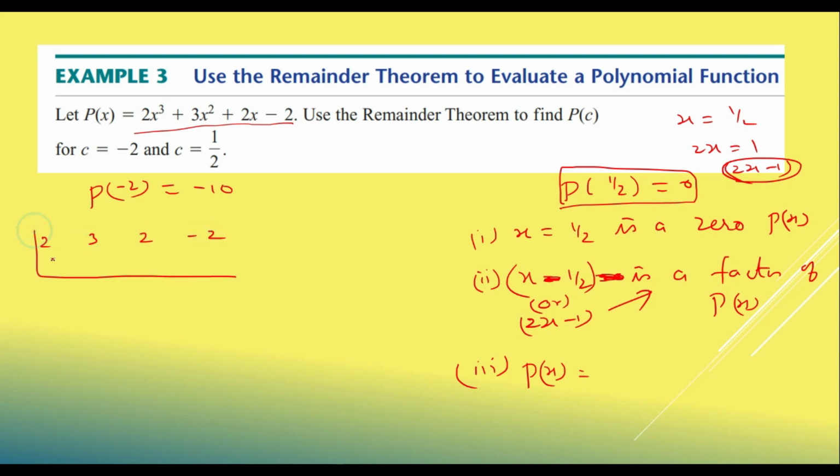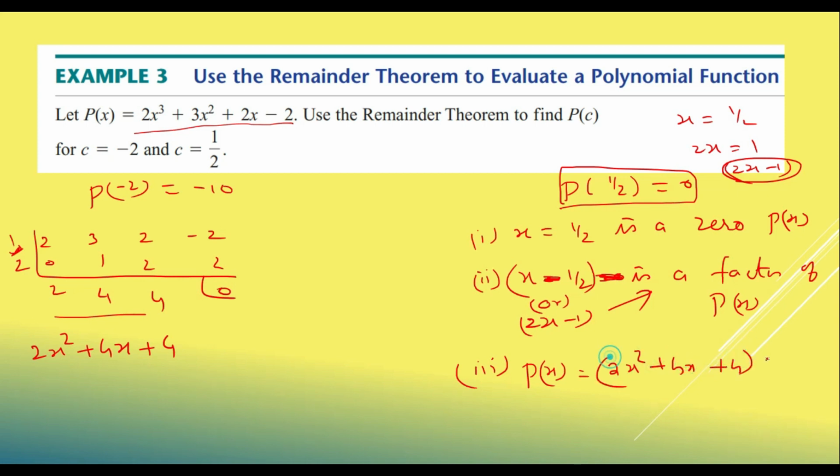When you divide it by half, it was 0 and 2, 1, 4, 2, 4, 2. So this was the quotient, which is 2x square plus 4x plus 4. So this is also a factor, 2x square plus 4x plus 4 times 2x minus 1.